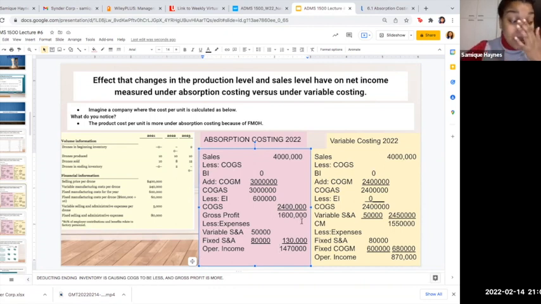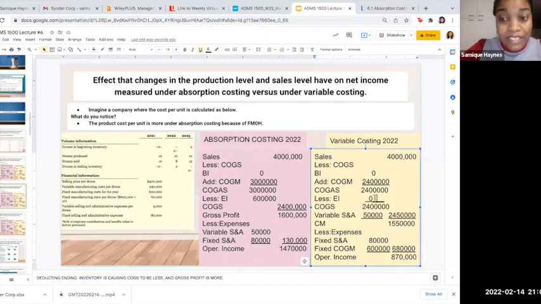Now let's see what's going to happen over here with our variable costs. We have ending inventory, so that has to change. How much is our ending inventory? Our ending inventory is equal to 2 times what? Is it 2 times the same one as absorption, or is it different? How much is ending inventory under variable costing for this question?